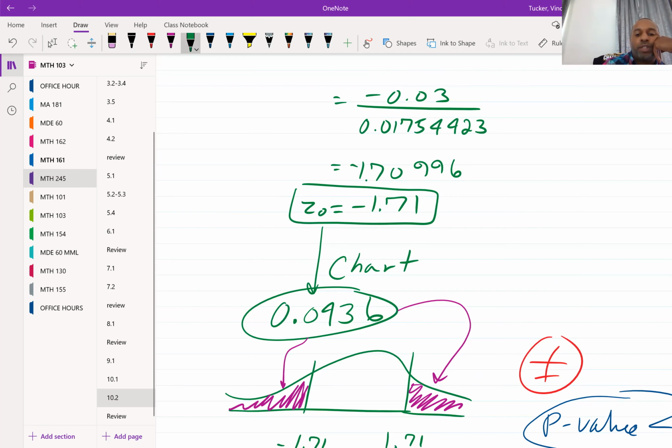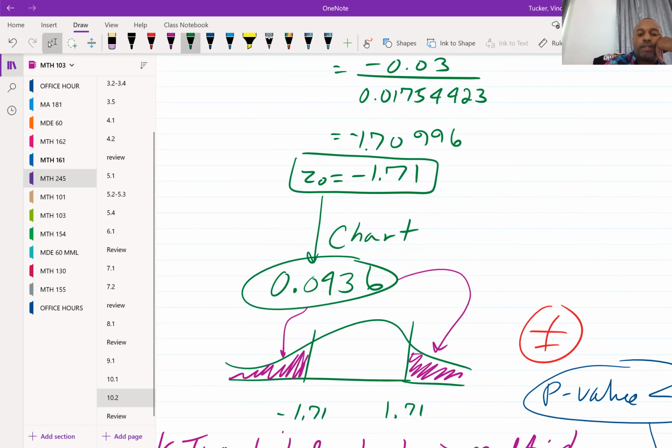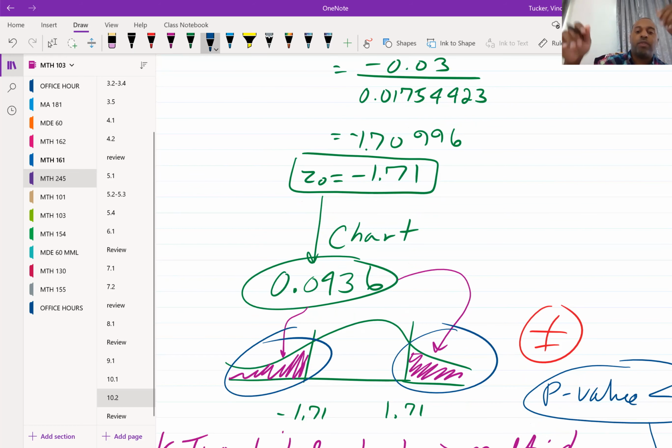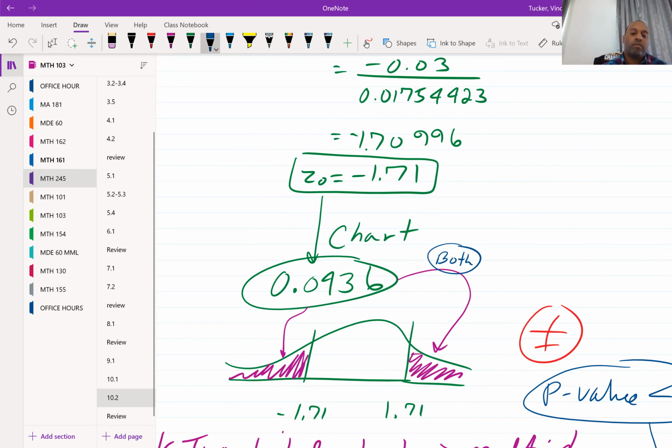And we got 0.0436 on this left side. But if it's two-tailed, that means we need a 0.0436 on the right side as well. So we're looking at negative 1.71 and then positive 1.71 for our z-scores that will create our boundaries for our two-tailed test. So both have to have that 0.0436.